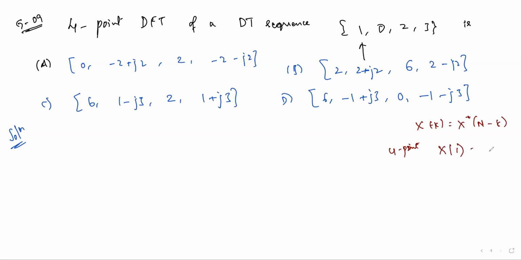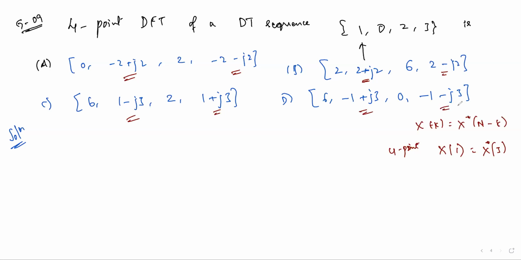X of 1 is equal to X complex conjugate of 3. Verify: yes, these are complex conjugates.